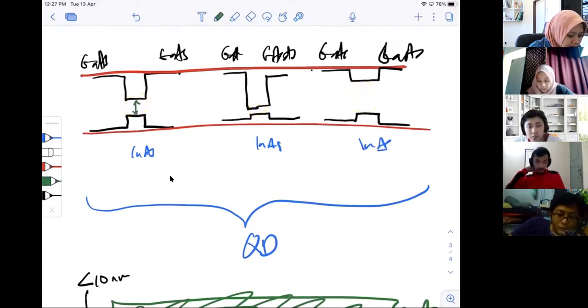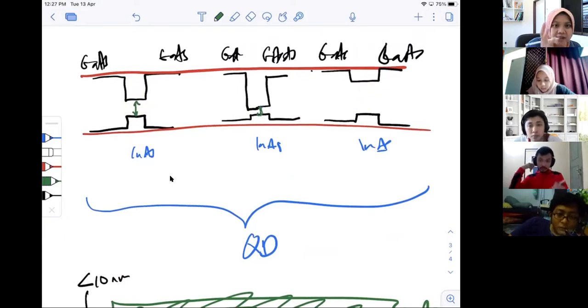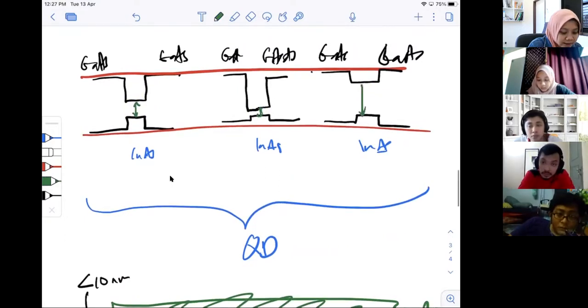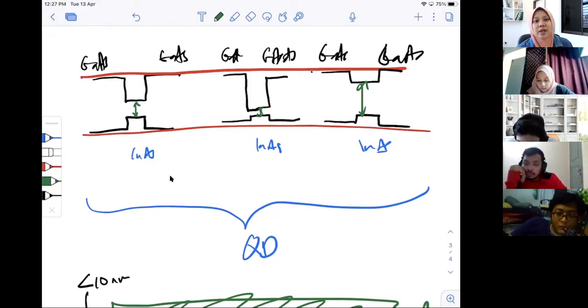Ni material indium arsenide lagi, tapi because of the strain inside dia lain, right? So that's why dipanggil band gap engineering. You can pick and choose what is the band gap that you want. Why is it important? Because band gap determines the color or the wavelength that comes out when there's recombination, right?